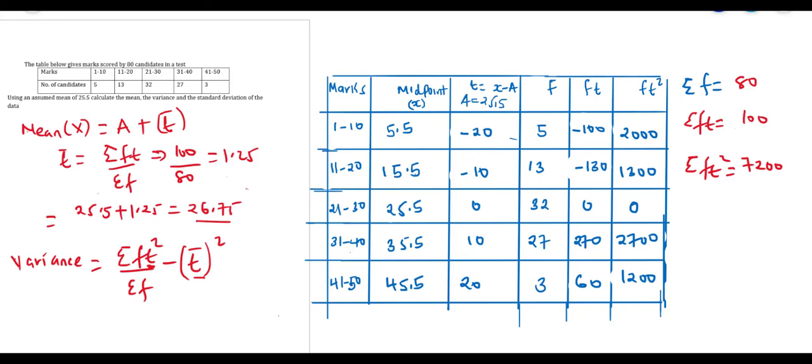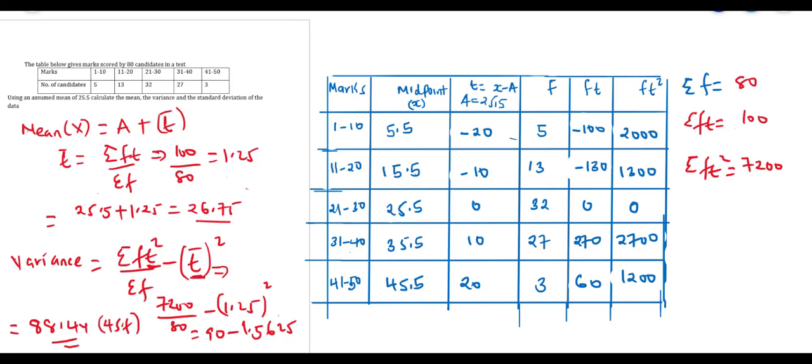If we use x here, then we can use 26.75, which is the mean of x. We have used t here, therefore we should also use the mean of t. This implies 7200 divided by 80 minus 1.25 squared, and this is the same as 90 minus 1.5625. So the answer to four significant figures is 88.44.